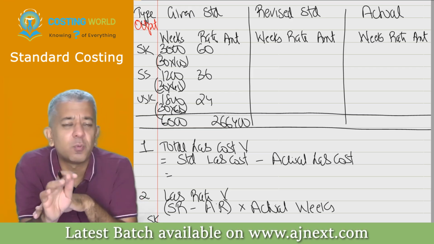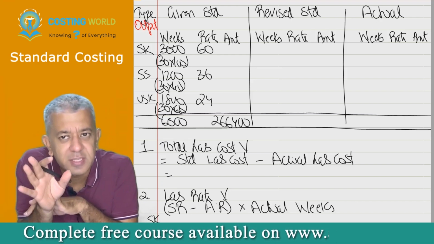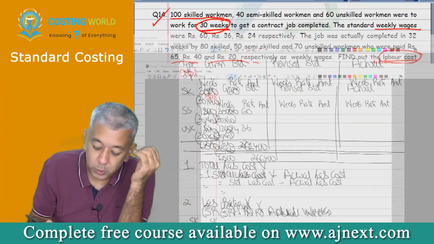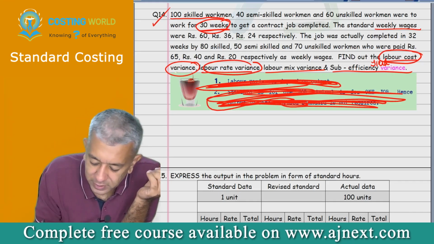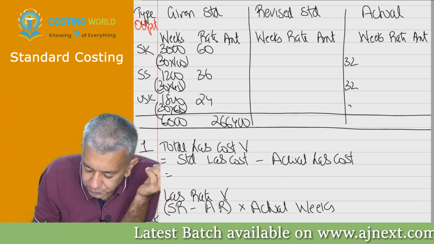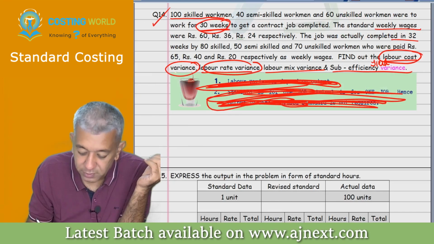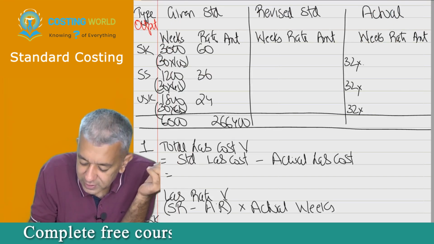Now, that is your given. Whatever standard the question gives me, I always have a habit, let's put it in given standard. Now, actual data. In actual, the job was completed in 32 weeks. So therefore 32, 32, 32 by how many workmen over here? By 80, 50 and 70.